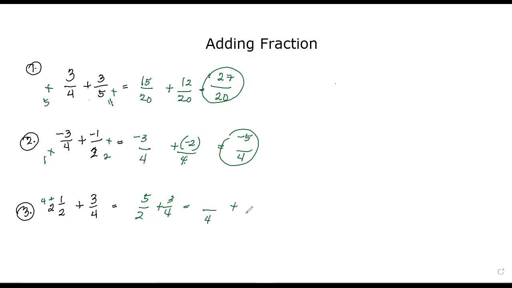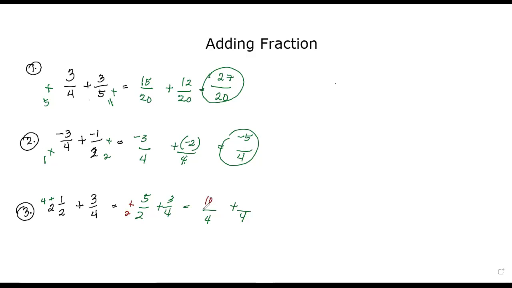Then again, just like earlier, divide the LCD by the denominator and multiply it to the numerator. 4 divided by 2 is 2. 2 times 5 is equal to 10.